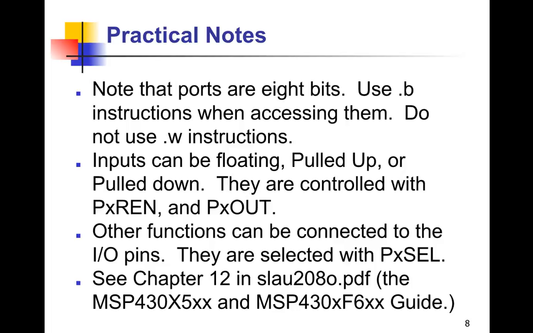PXREN is another register that's the resistor enable register, and you can make them pulled up or pulled down with that PXREN and PX out. You need to look at the data or the user's guide to understand all that exactly, and you probably don't understand pull-up resistors very well yet, but hopefully we'll go over that here after a while. That's kind of a circuits thing.